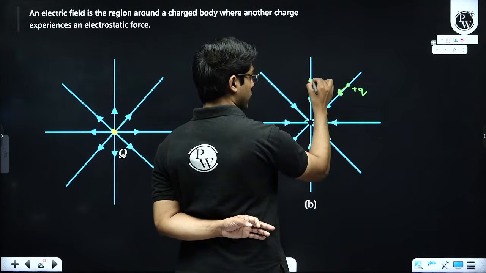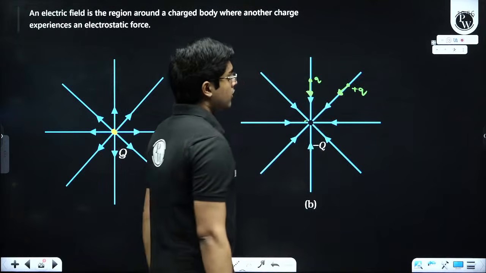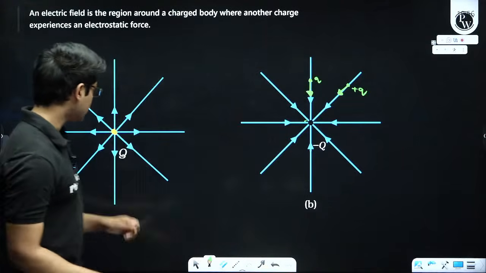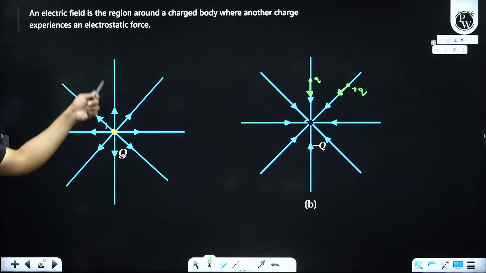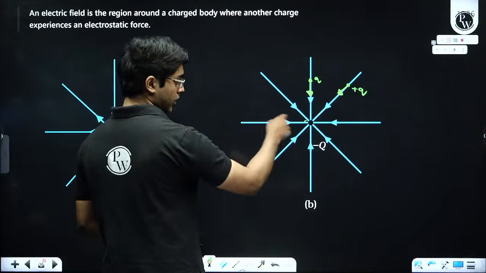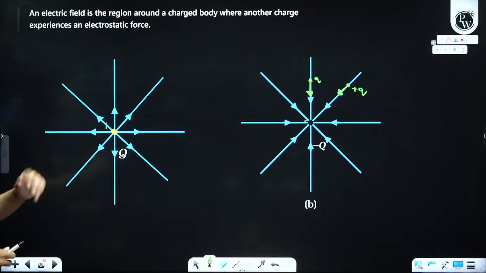Similarly, if you place the positive charge here, it will be attracted in this direction. So that is why the field direction is in this direction. So for a positive charge, it is radially outward lines, and for the negative charge, it is radially inward lines for the electric field. So these line patterns can be asked for the positive or the negative.